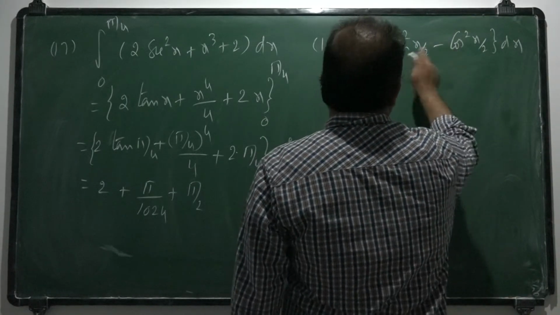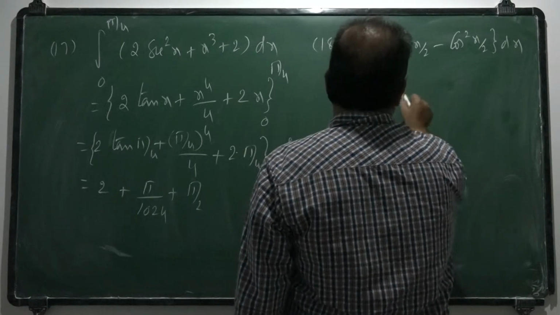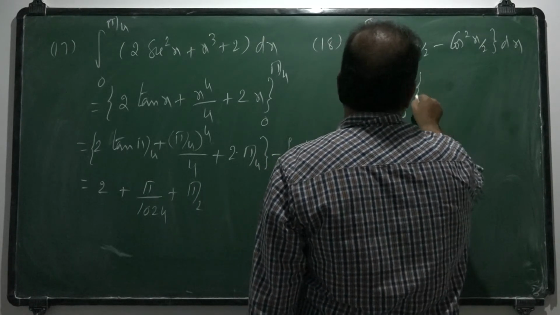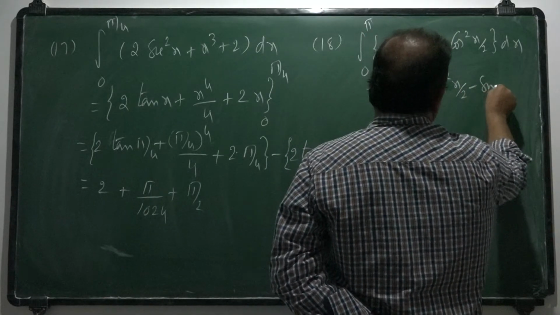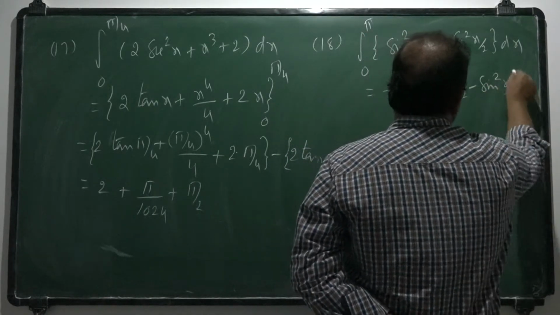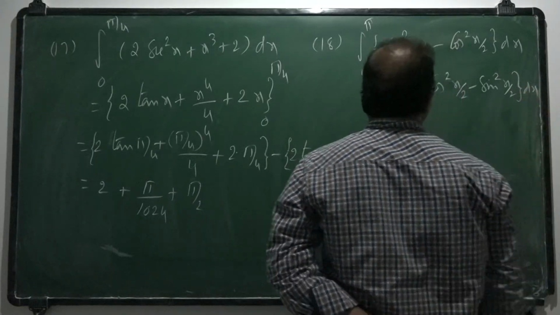Now take minus common, it becomes integral 0 to pi of cos square x by 2 minus sin square x by 2, dx.